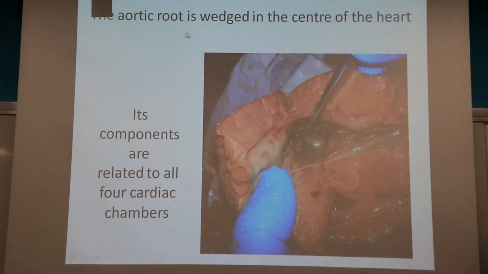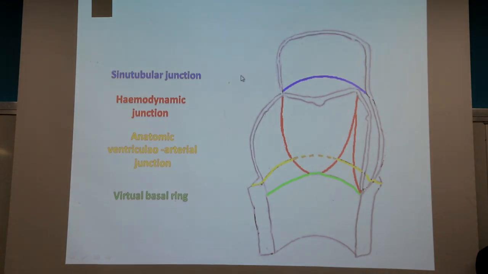The aortic root is wedged in the center of the heart. Look here, this is the center of the heart. The aortic root is in the center of this dissected heart. So its components are related to all 4 cardiac chambers. Here is the sinotubular junction again, hemodynamic junction, anatomical junction, virtual basal ring.